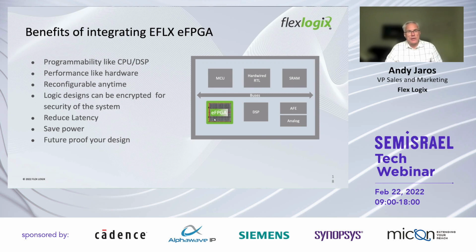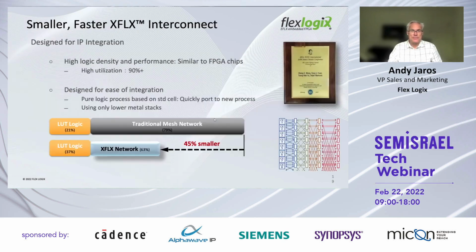And Flex Logix provides the embedded FPGA technology with a very unique solution. The unique solution is based on our interconnect. And really the net effect of our interconnect is it gets us the same density, meaning the same number of LUTs per square millimeter, as a full custom design from Xilinx or Intel. So if you're going to integrate FPGA, you want the highest density of LUTs per square millimeter that you can get. And the other benefit of our interconnect is the ability to achieve high utilization.